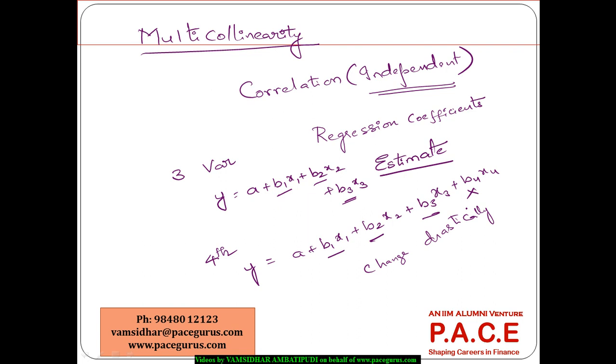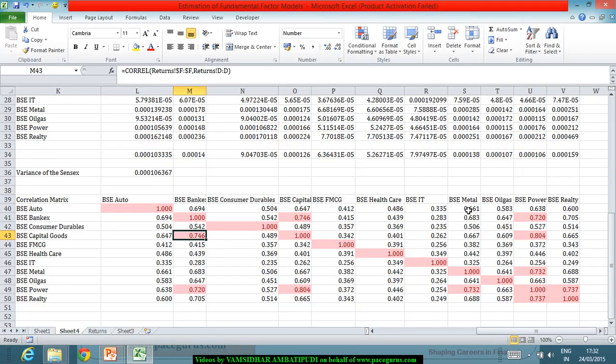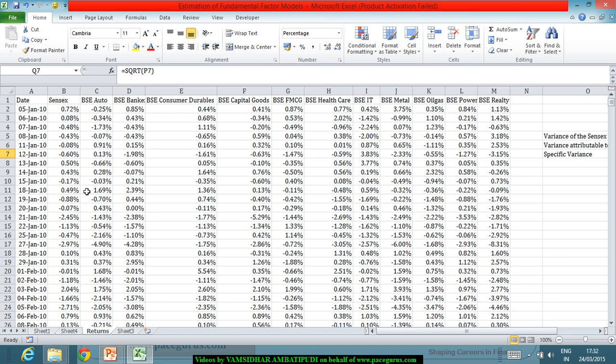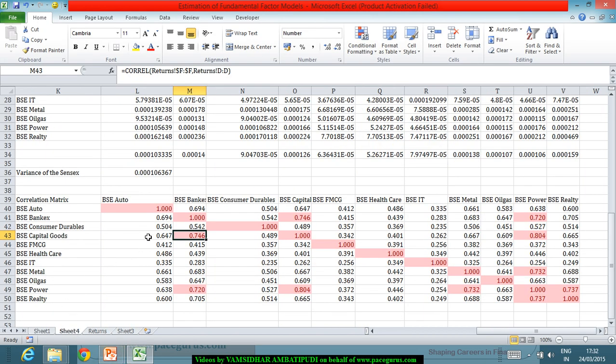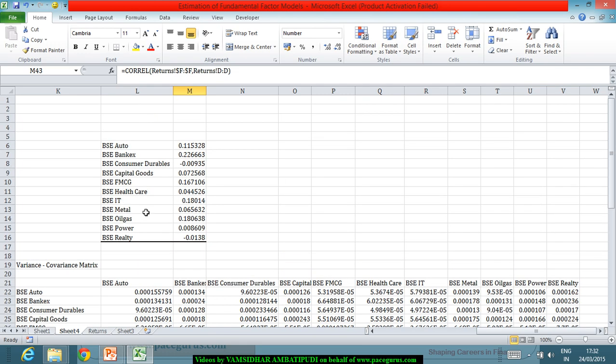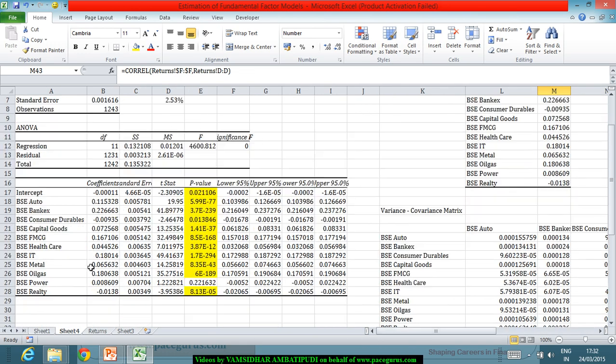And especially when we are dealing with lots and lots of time series data like this, it's very much possible that the correlation between them could be much higher, which means the factor betas that we have estimated cannot be estimated with precision, right? So that's one important point that we have to understand.